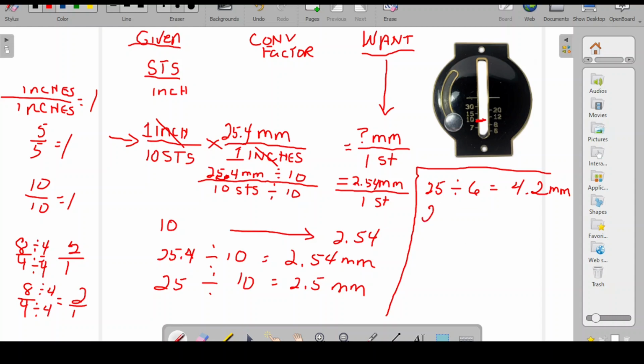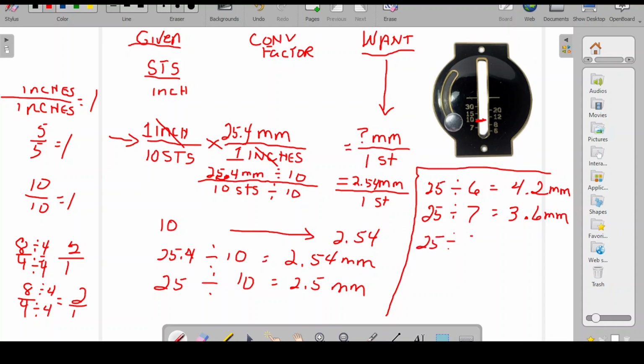And 25 divided by 7, 7 times 3 is 21, 7 times 4 is 28, so it's somewhere between 3 and 4. Say, I don't know, 3.5. 25 divided by 7 is 3.57. So we'll just say 3.6 mils. And so on and so on.